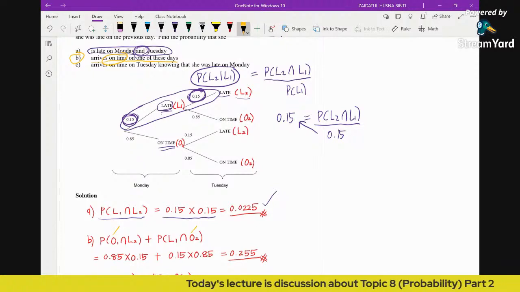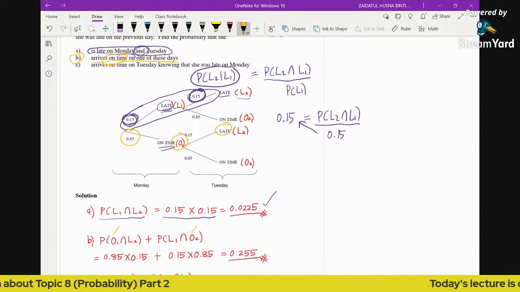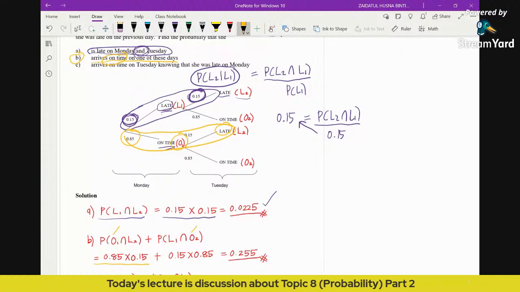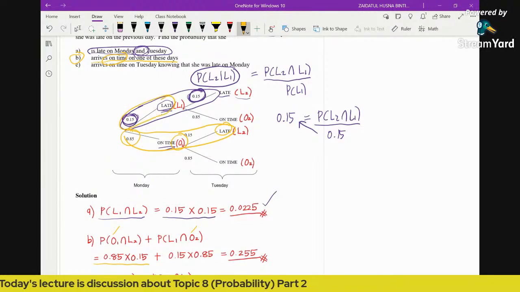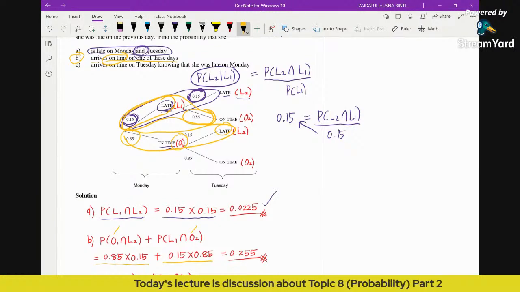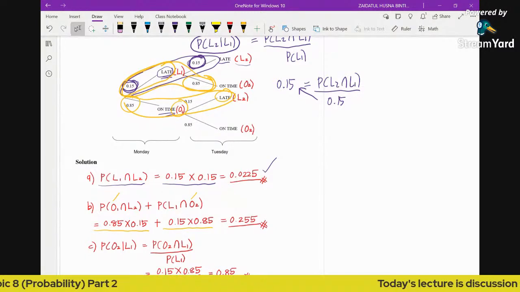So O1 intersect L2 means O1 here, intersect L2 here, so you will have 0.85 times 0.15. And then L1 intersect O2: L1 here, 0.15, intersect O2, which is here, 0.85. So 0.15 times 0.85. And then we will get the value here, 0.255.